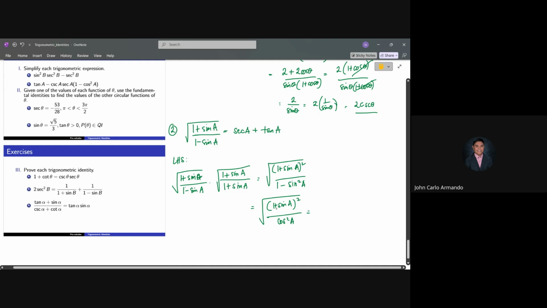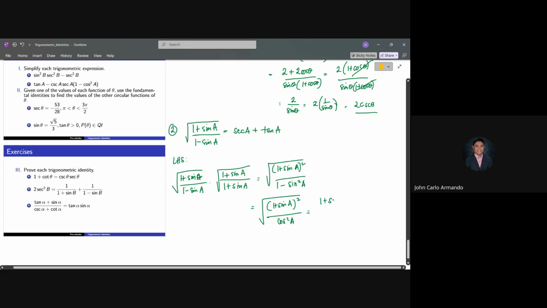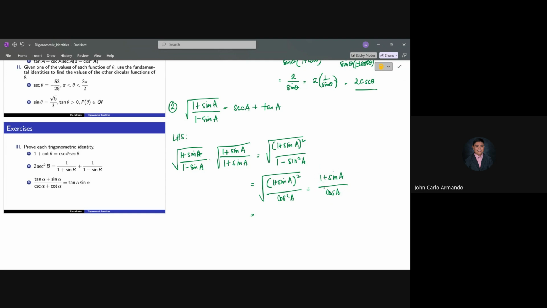So as you can see, we can now remove the square root, because the square root of 1 plus sine A squared, just cancel the square, becomes 1 plus sine A. And the square root of cosine squared A, just remove the square root, that is cosine A. And then we have to decompose the fraction by expressing this as a sum of two similar fractions.